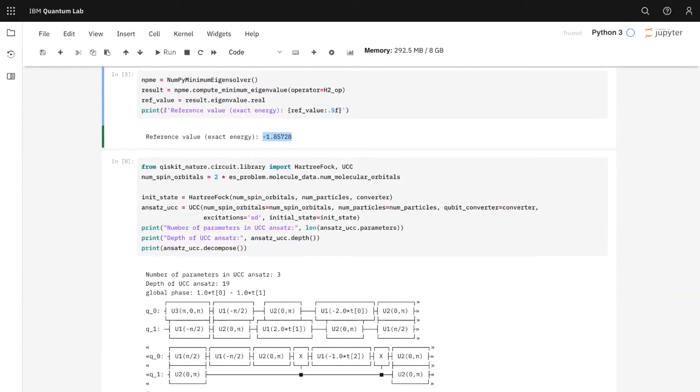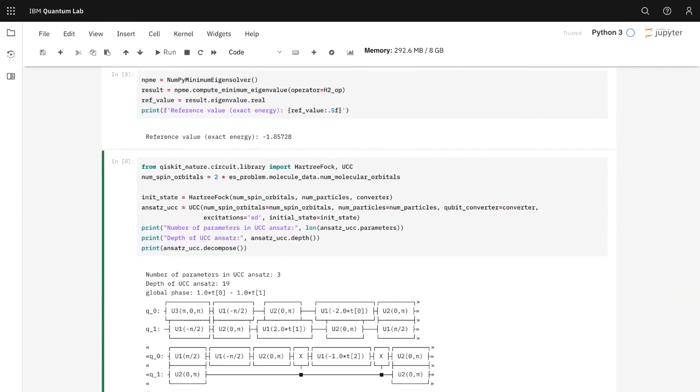So we want to set up the unitary coupled cluster ansatz with this UCC function, but before we set it up, we need to construct the initial state, which is going to be our Hartree-Fock state.